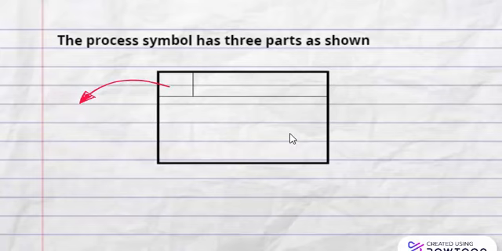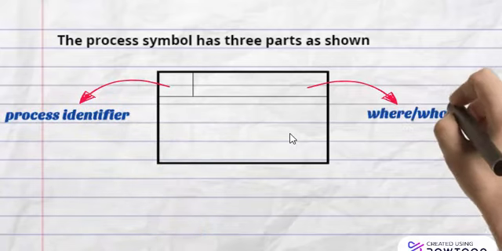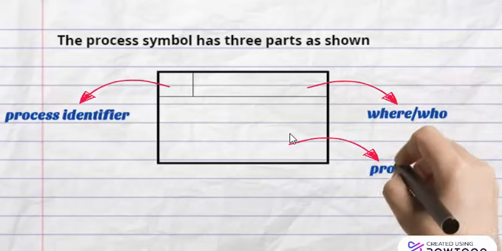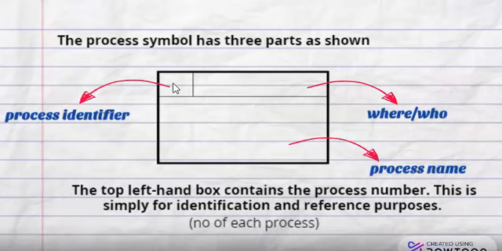The process symbol has three parts. Process ID, location, process name. The top left-hand box contains the process number.